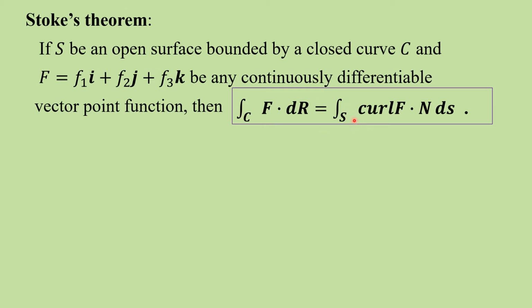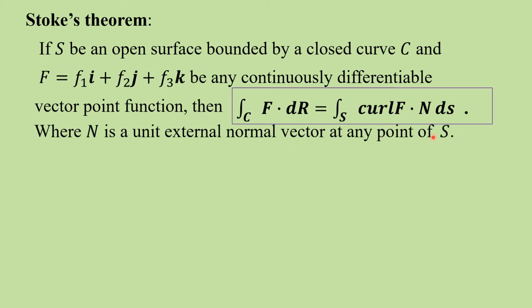So instead of finding the line integral, we can take it as a surface integral of curl f dot n, where n is the unit outward normal vector to the surface S at the given point.